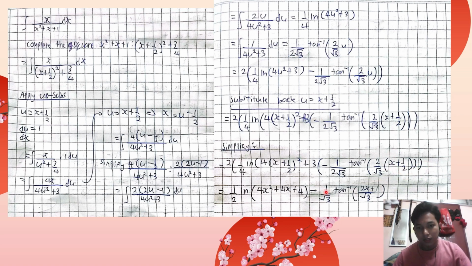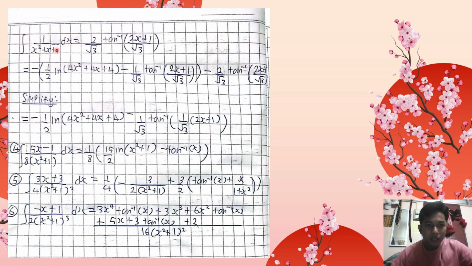Now we can get equal to 1 over 2 ln(4x squared plus 4x plus 4) minus 1 over square root 3 arctangent of (2x plus 1) over square root 3.